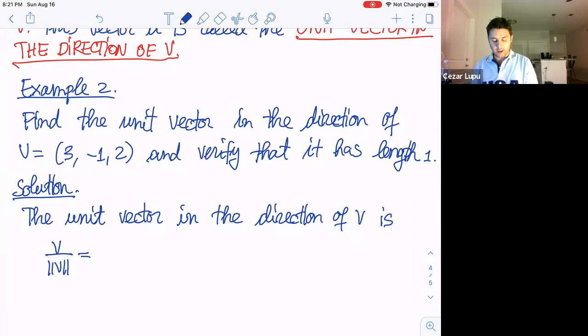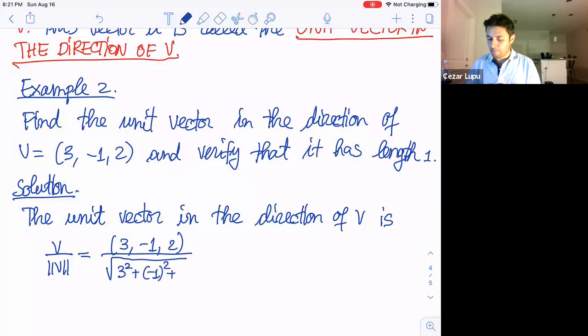We divide v by its magnitude. My vector v was (3, -1, 2), and I'll divide this by its magnitude, which will be the square root of 3 squared plus -1 squared plus 2 squared. Let's compute this. This would be 9, 10, okay, 14. So it will be 1 over square root of 14, the scalar, times (3, -1, 2).